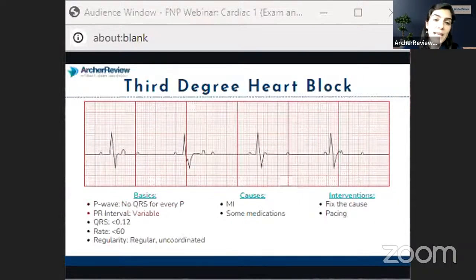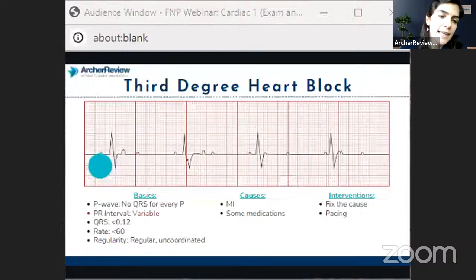And then lastly, we have third degree heart block, which is complete heart block. You never want complete heart block. That's a horrible name, and there's a reason for it. So in this scenario, we're going to take a look, and what you'll see is the P and the QRS are not talking to each other at all. They're marching to their own drum.